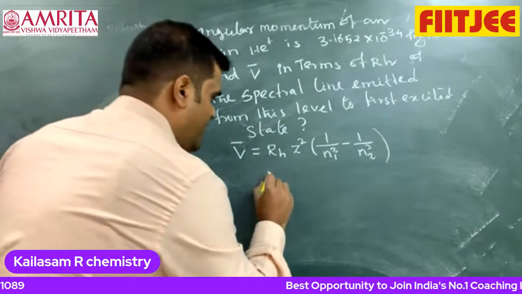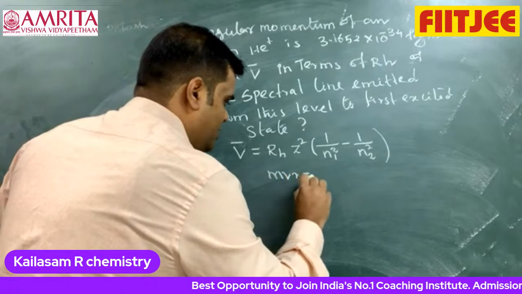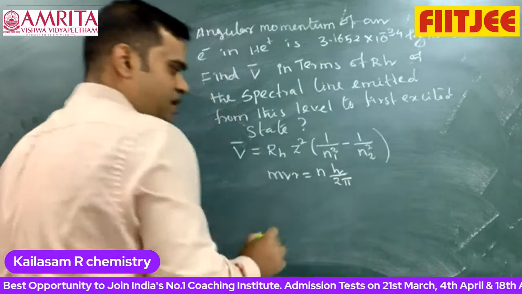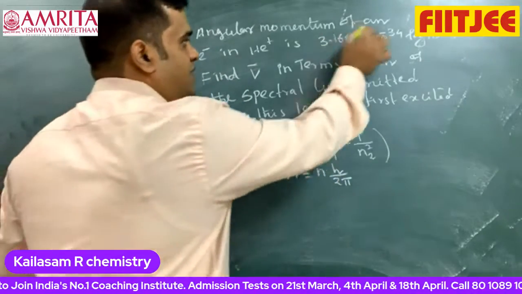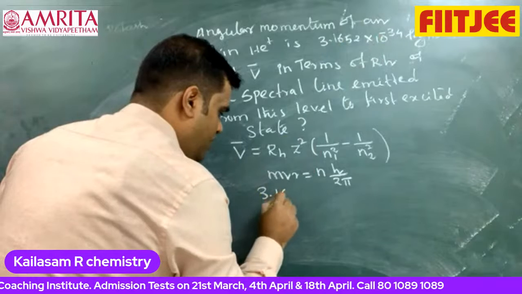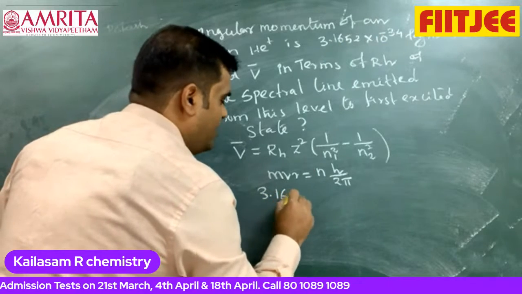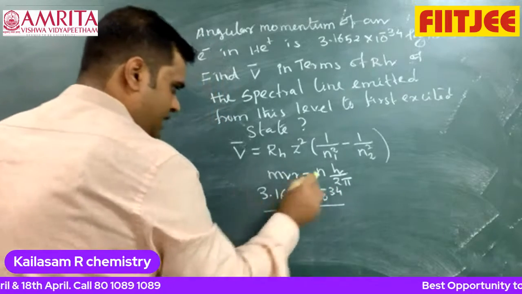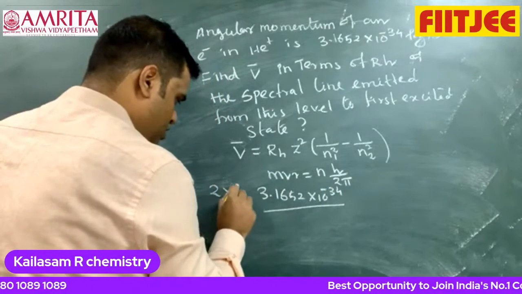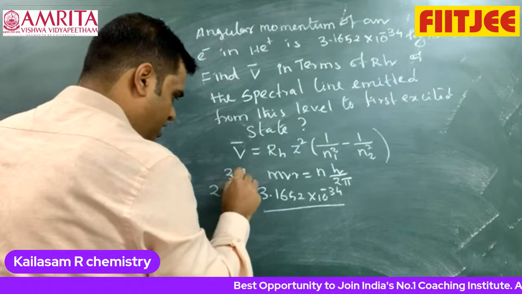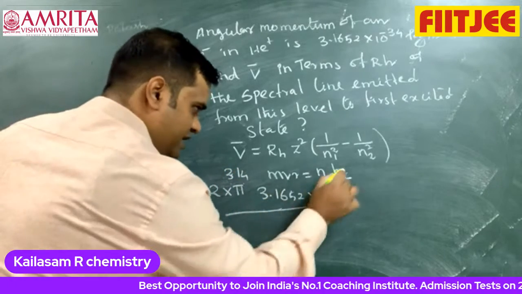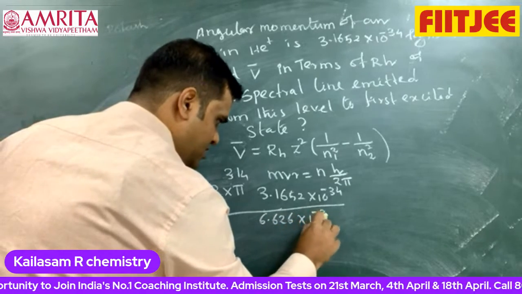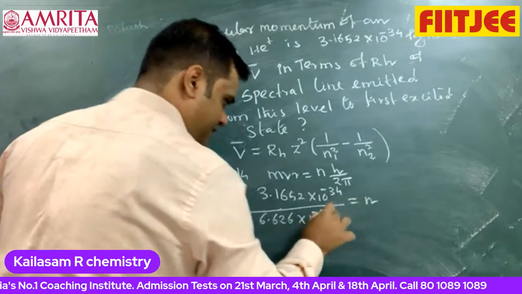We can write that mvr is equal to nh by 2 pi. Now mvr is given: 3.1652 into 10 power minus 34 by, I can take 2 into pi value as 3.14, and I can take h value as 6.626 into 10 power minus 34, is equal to n.